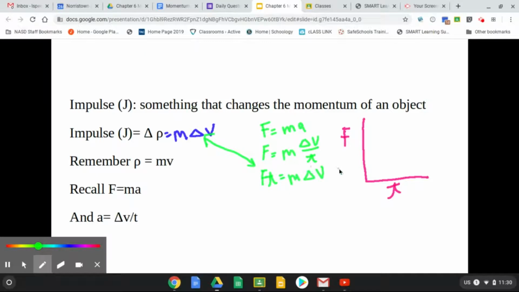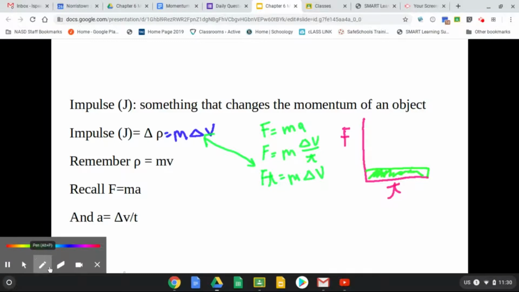You can have a small force acting over a long period of time. Okay, so the area of this rectangle, the amount of force multiplied by the amount of time, will give you an impulse.